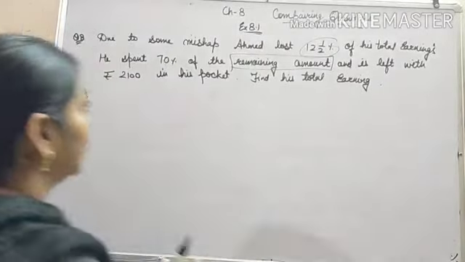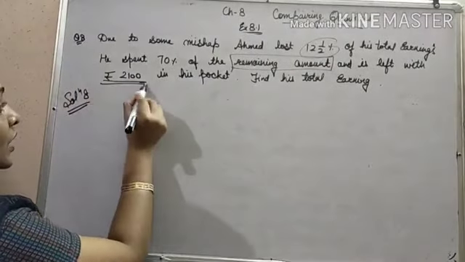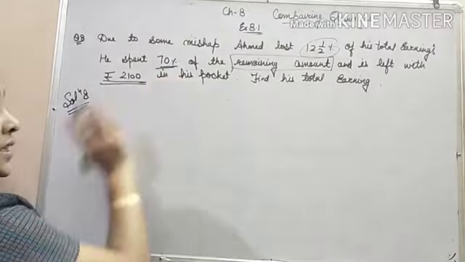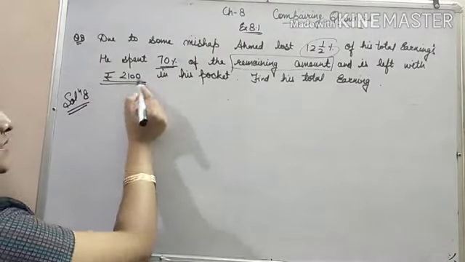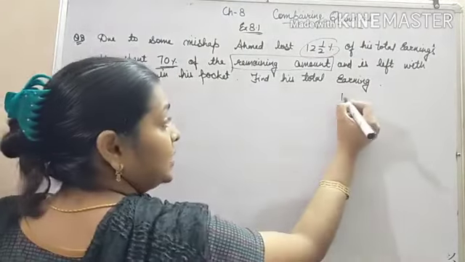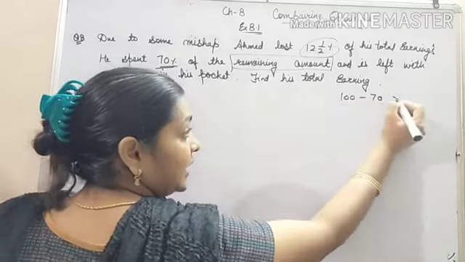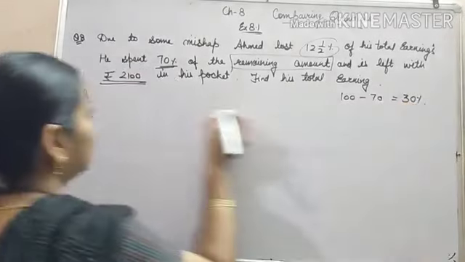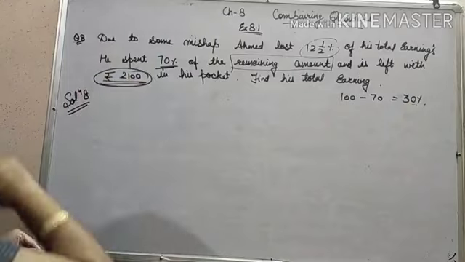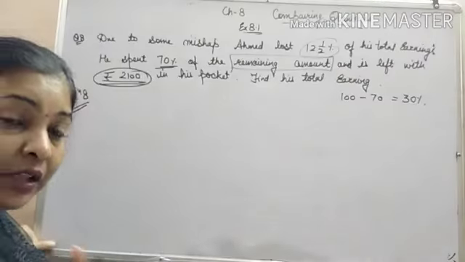Find his total earning. He is left with 2100 rupees and he spent 70%. That means the saving is 100 minus 70, that is 30%. So 30% of the remaining amount is rupees 2100.